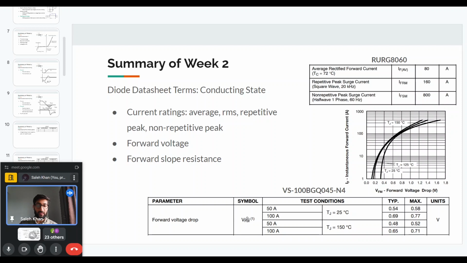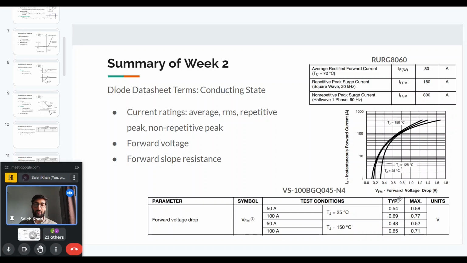So for example, for this device, the data sheet that is shown here, the threshold voltage may be around 0.15 volt or something. But as the current increases, the forward voltage drop increases. So at 50 amperes, the forward voltage drop is around 0.5 volt, as is given in the values here.